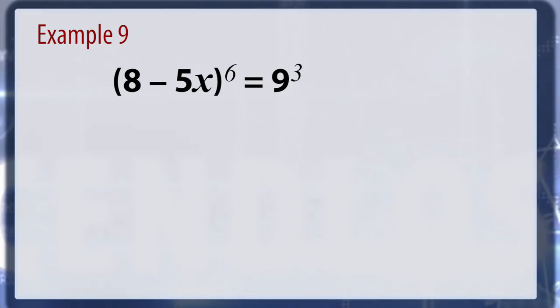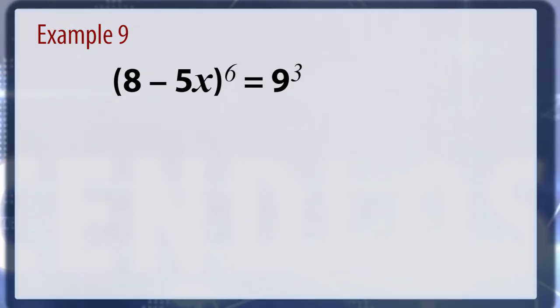In the next question, we have 8 minus 5x in brackets raised to the power 6 to be equal to 9 raised to the power 3. I'm sure you can see that the variable is in the base. So we have to try to make our powers equal.